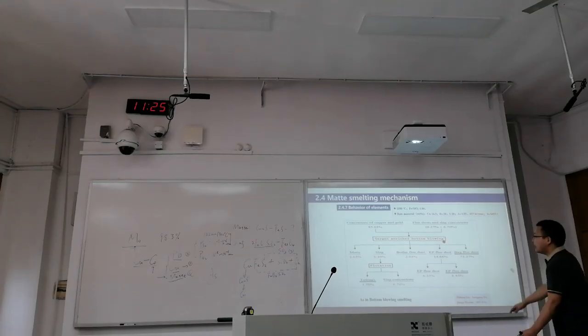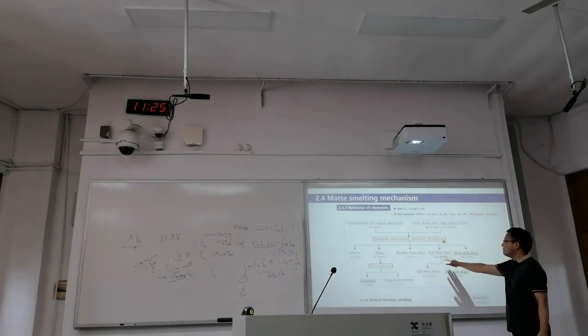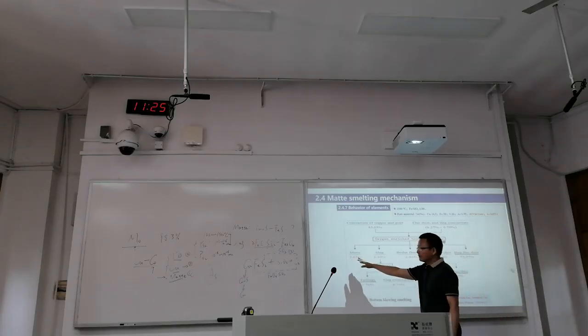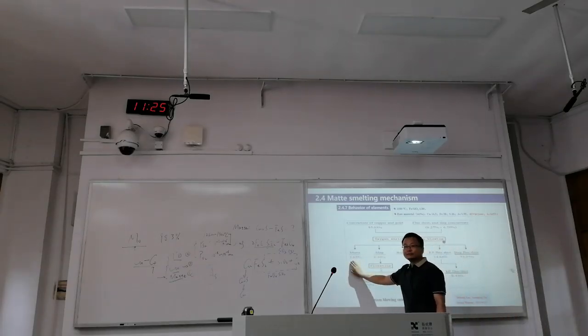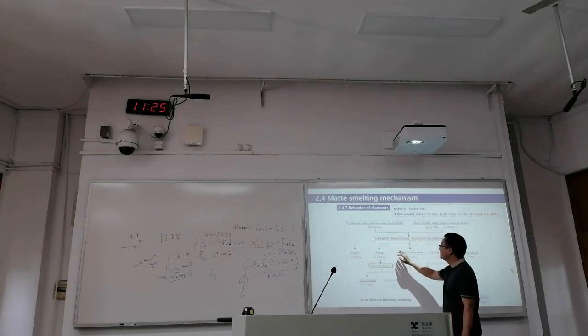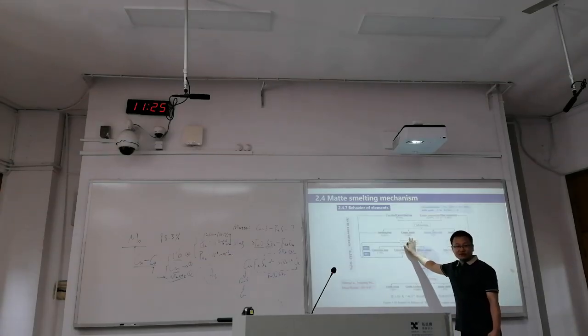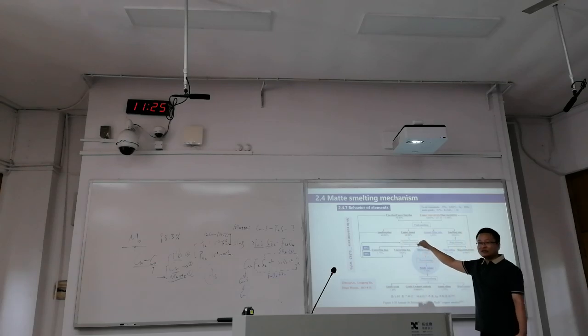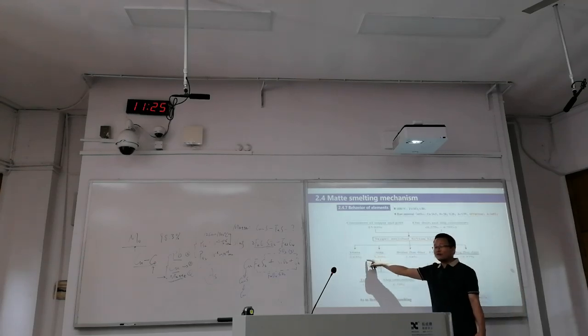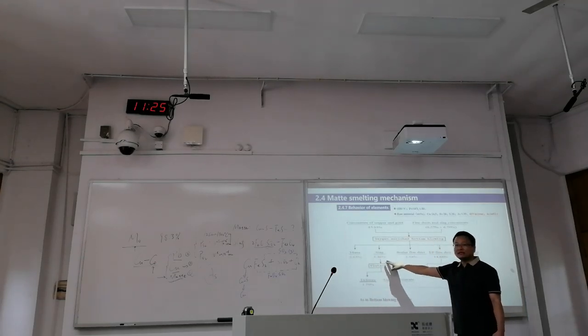What are we finding? After matte making, we are having our matte here, 2%. Previously, it was 14%. So 7 times larger than this one. And for the slag, less than 10%.